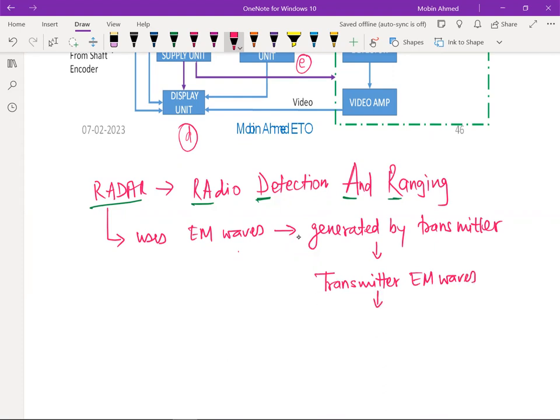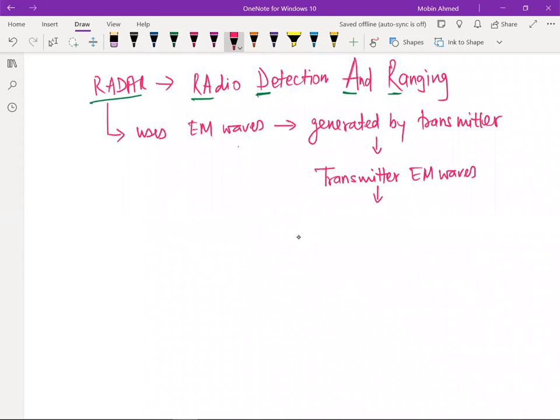Now this will be emitting through the antenna, so we can say it radiates in space through the scanner or antenna scanner. Now the scanner is rotating 360 degrees, so all around 360 degrees it is going to radiate. Okay. So this is about the transmitter.